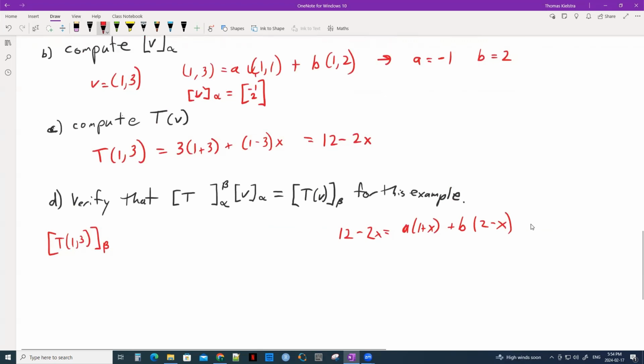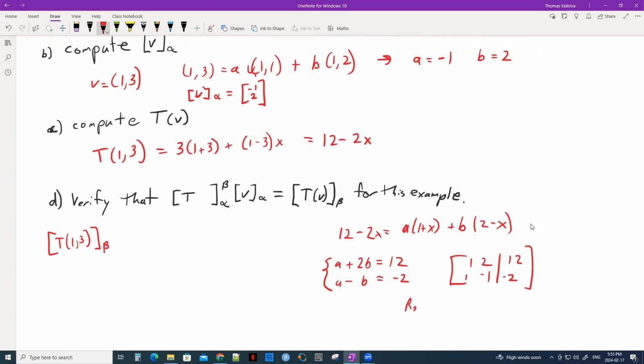Now rearranging, we can create the system of equations: A plus 2B equals 12, and A minus B equals minus 2, giving us the augmented matrix [1, 2, 12; 1, -1, -2].